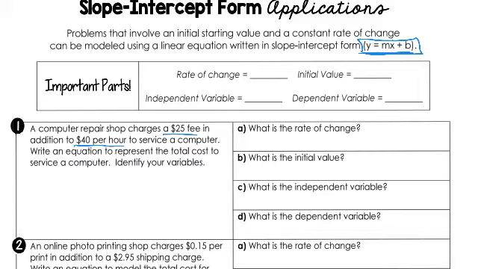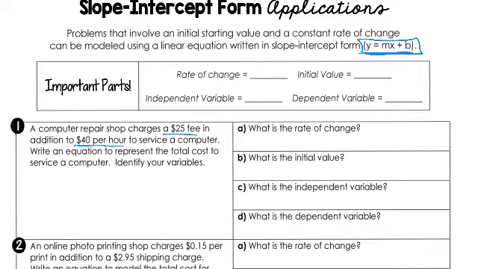So before you get started charging per hour, you're going to be charged a starting fee. And shops do that because they need to cover their basic expenses. They don't know if the person's only going to need an hour of service or 3 hours of service, but they have to charge enough money to pay for the electricity, the rental for their building, their employees.